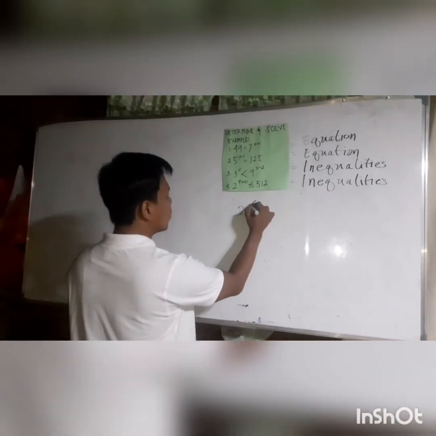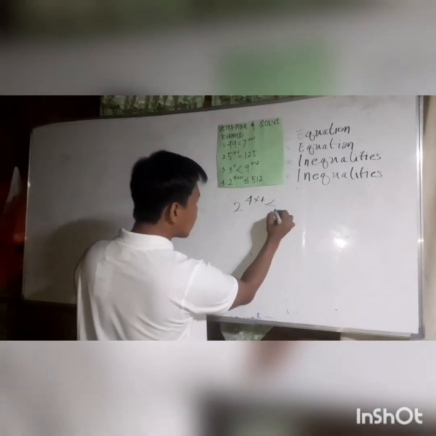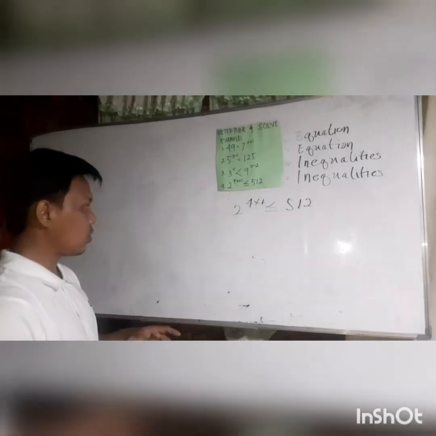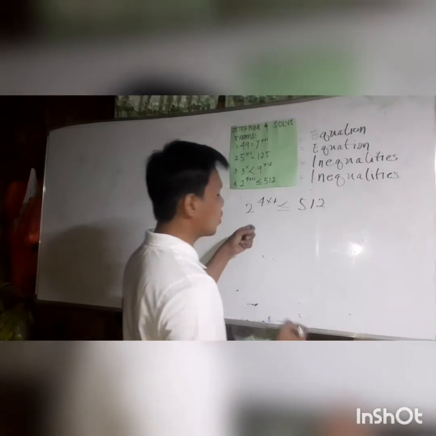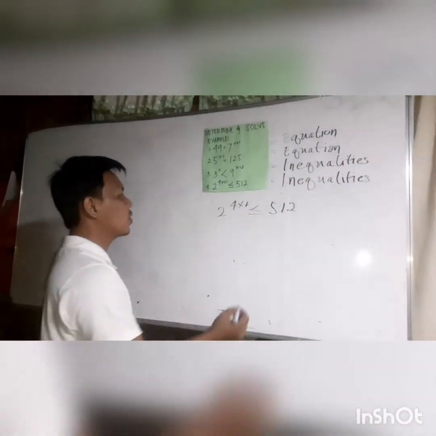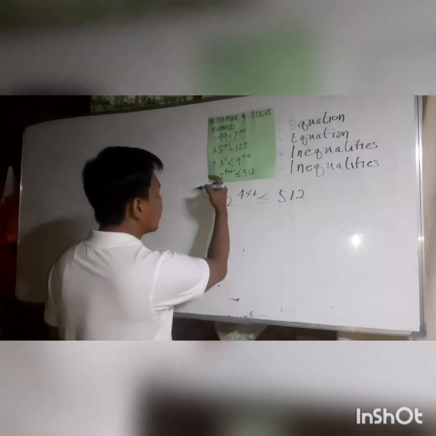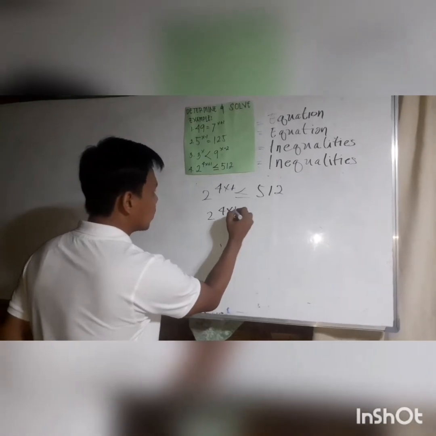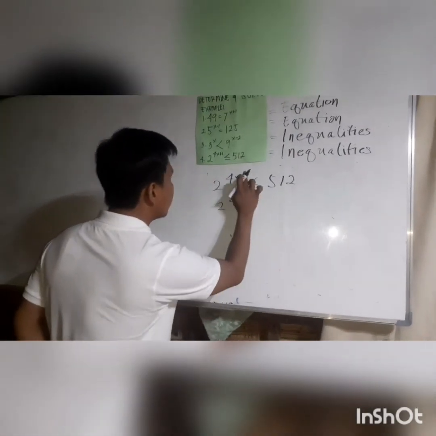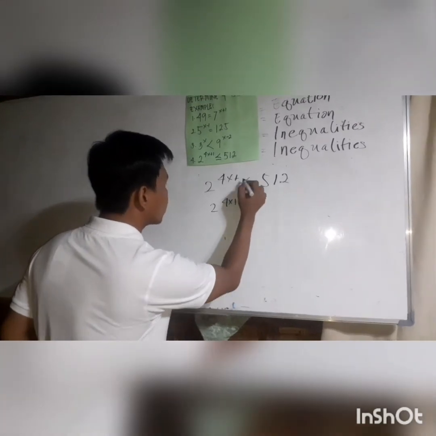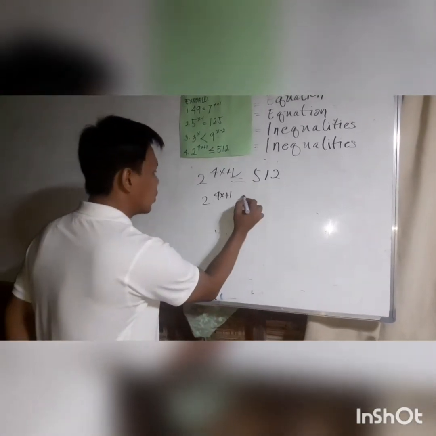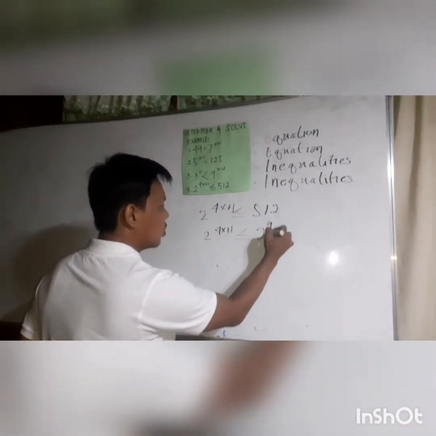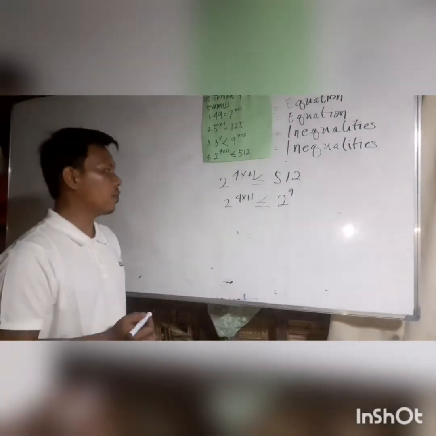Next, given is 2^(4x+1) less than or equal to 512. Before we solve this, same process with the number 3. So 2^(4x+1) less than or equal to the variable of 9.